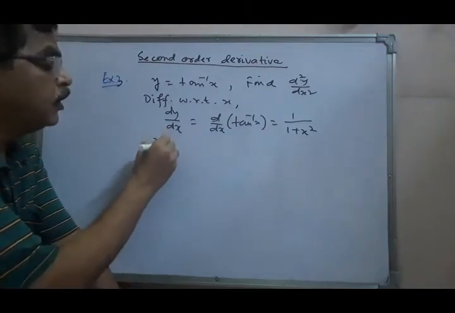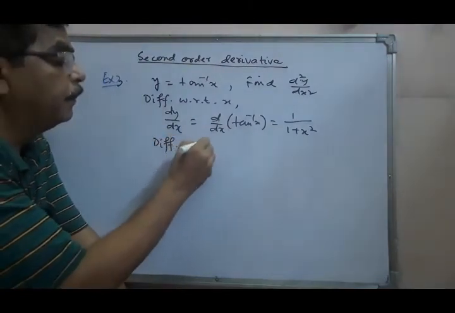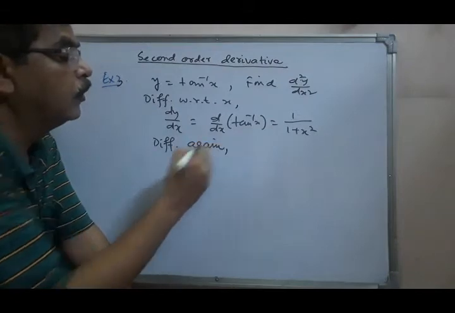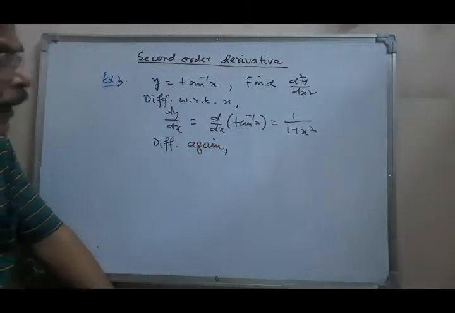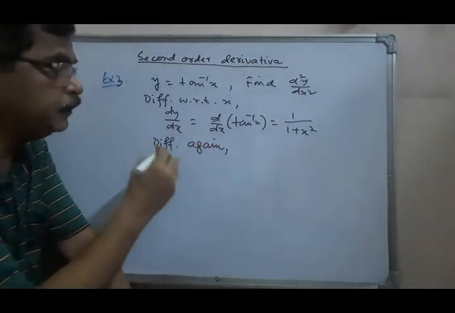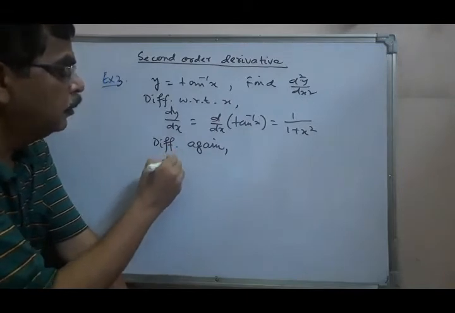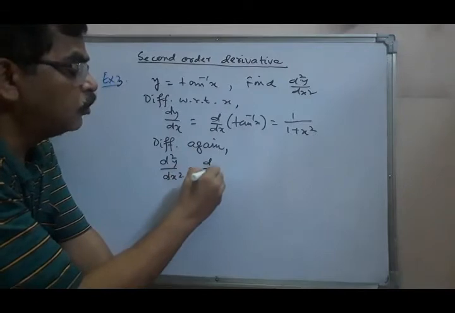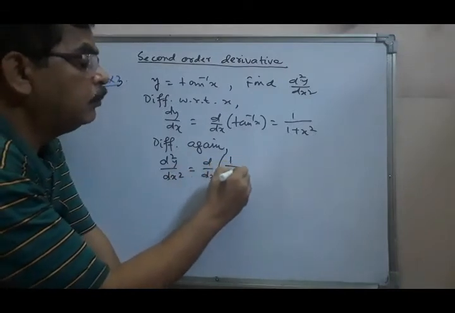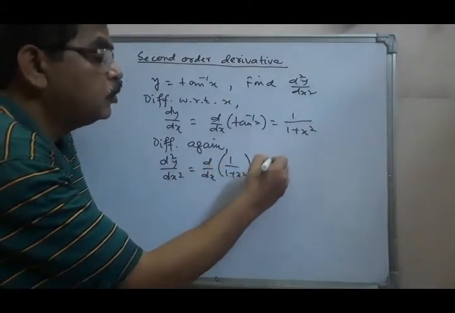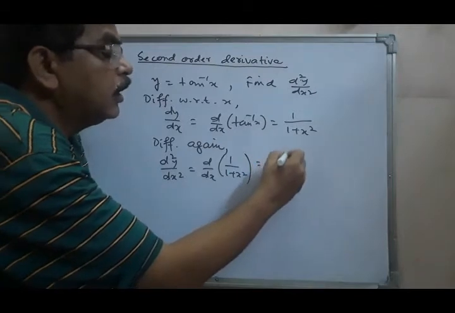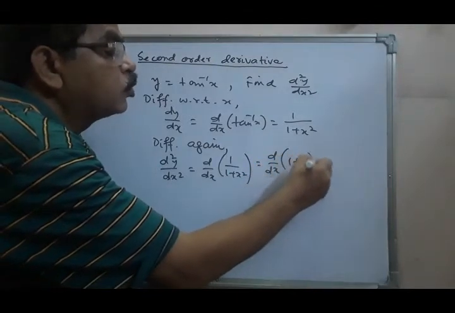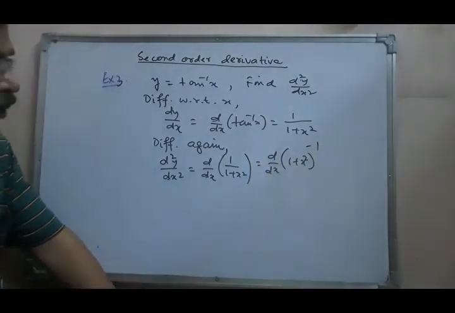Further differentiating again, so what will we get? d2y by dx2 equal to d/dx of 1 by 1 plus x square, which can be written as d/dx of (1 plus x square) whole to the power minus 1.